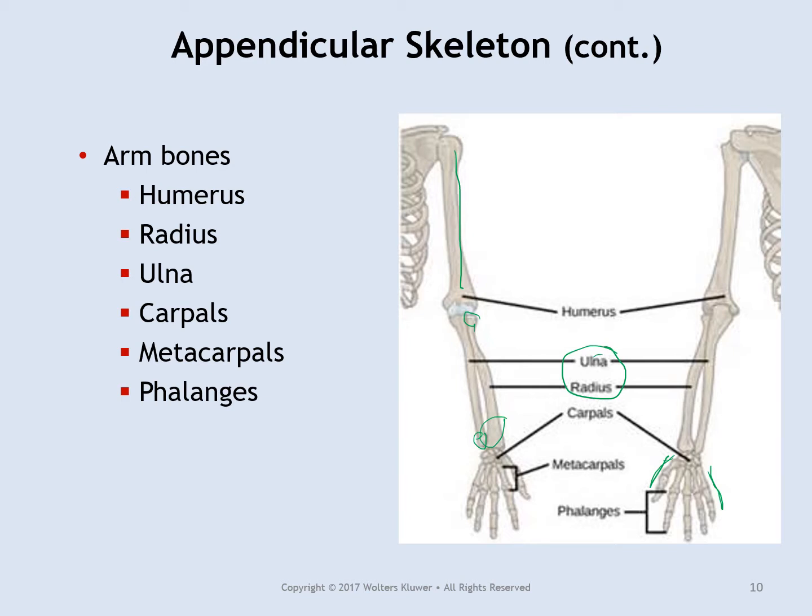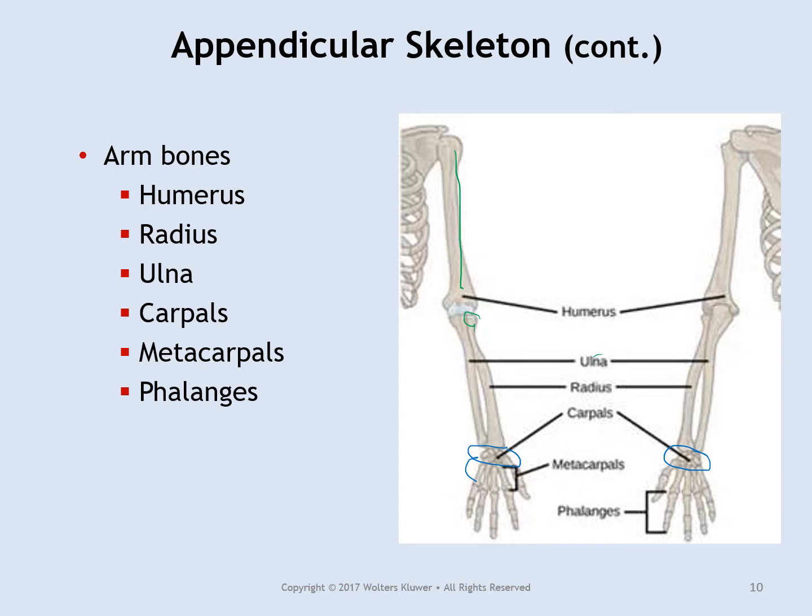Going down from the radius and the ulna now, we find the carpal bones. Carpal means wrist. So these are a series of 8 tiny little bones all packed together in your wrist, right here. The bones of your hand are your metacarpals. So take a minute, run your fingers over the back of your hand.